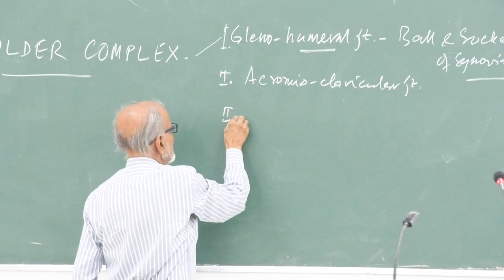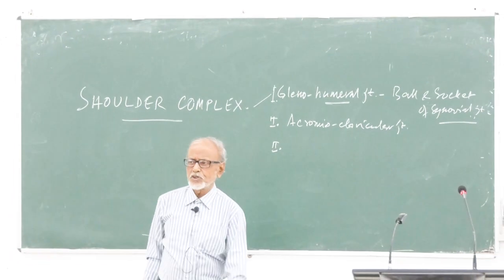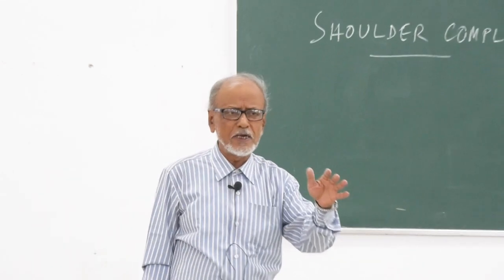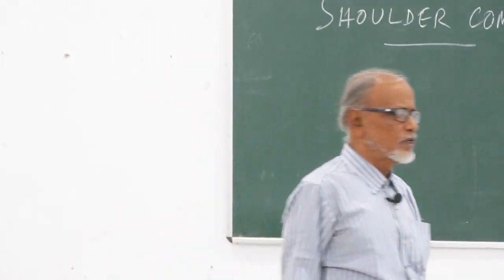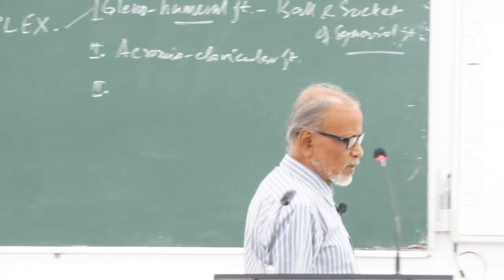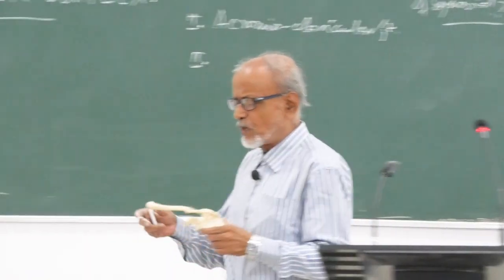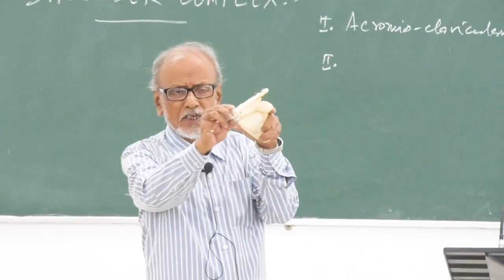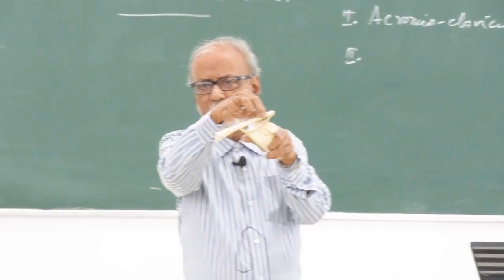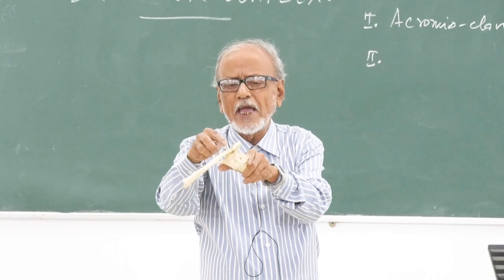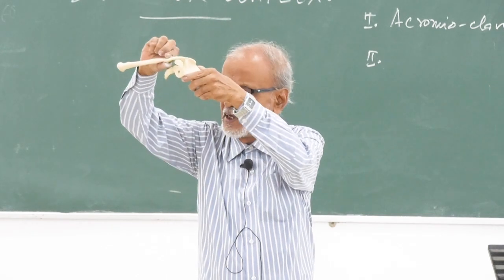Similarly, the medial end of the clavicle is much the larger of the two ends, the lateral and medial. এখানে দেখলেই বোঝা যাবে, এই দেখো, this is the medial end, much the larger than the lateral end. At the lateral end we are finding the acromion, the acromioclavicular joint will be here.